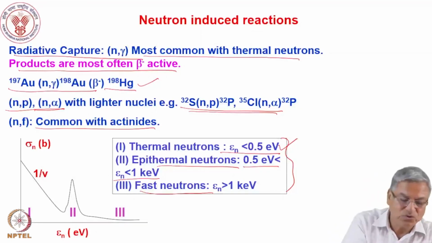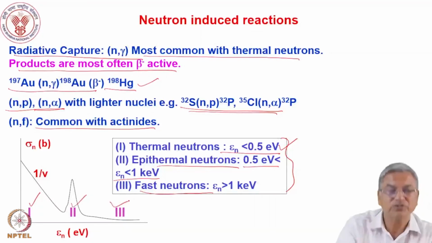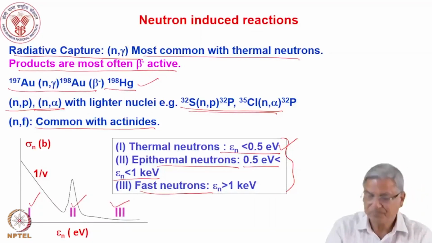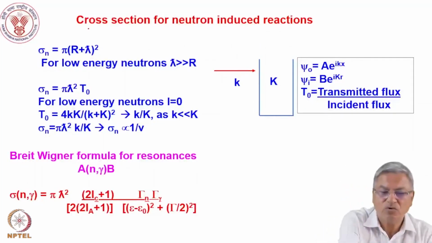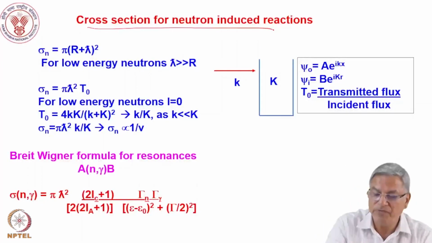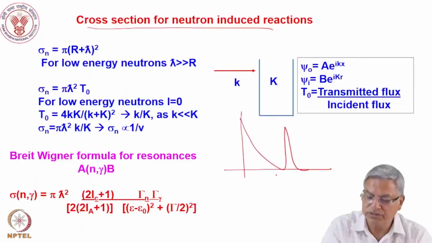So we classify it into three zones: the low energy zone where it is the 1 by V law, the resonance region, and the fast neutron energy region. Just to explain why the cross-section for the neutron reaction follows 1 by V, if you recall, we said 1 by V law and then the resonances.